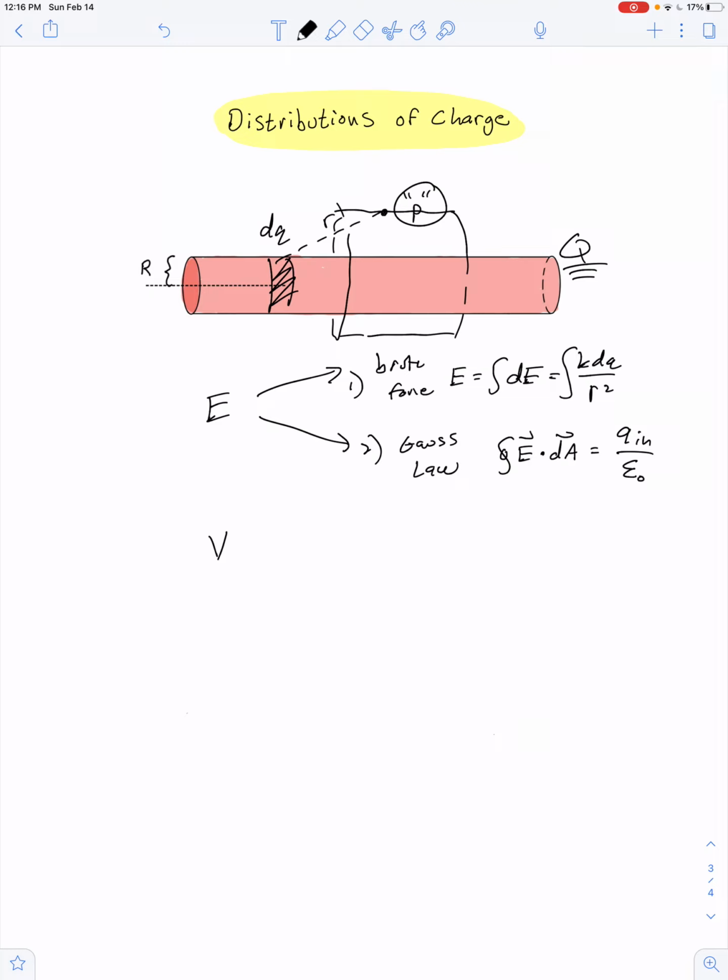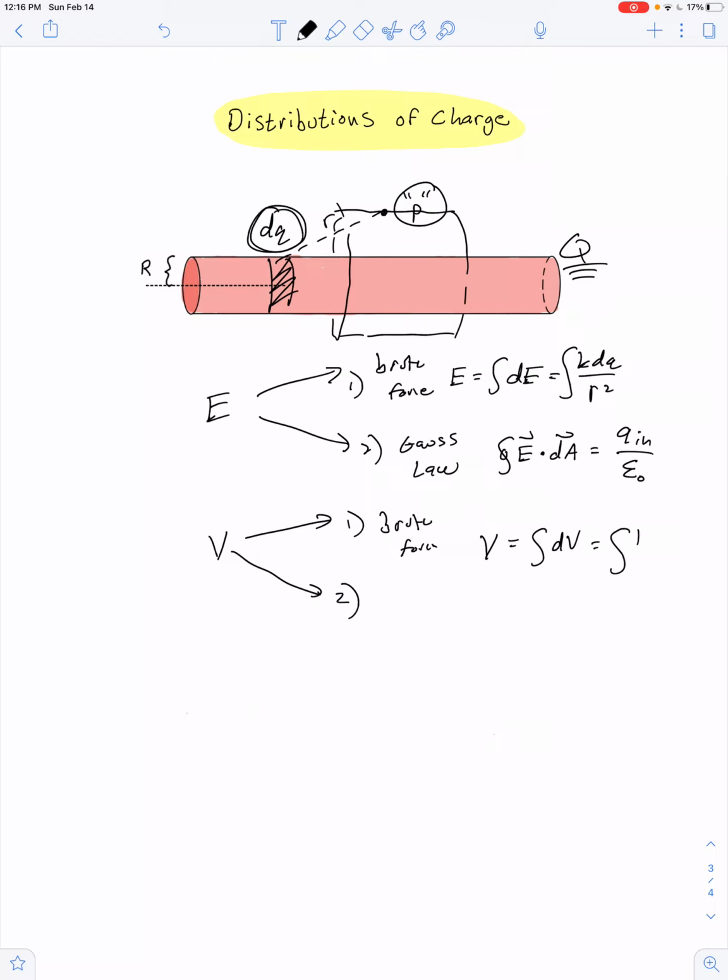Well, there are also 2 methods that we generally would use for solving for the electric potential at this point P. And the first one is also a brute force method. We would say the overall electric potential can be found by adding up all the small contributions from each individual dq.